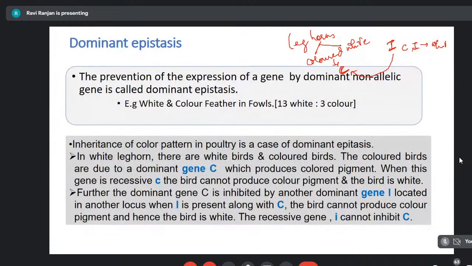Why? Because capital I inhibits the C. But when you have capital C and small i, then it gives you colored birds, because small i cannot inhibit the expression of capital C. And if there is small c, then by default it will be white color.